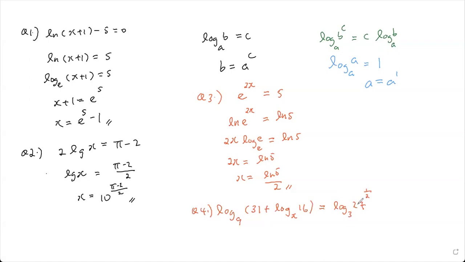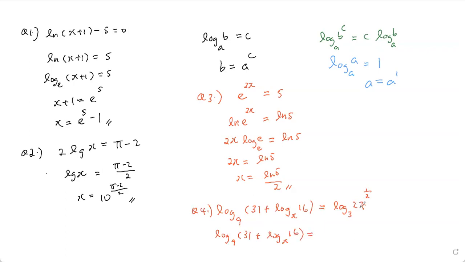First of all, 27 is 3 to the power of 3, so this is 3 to the power of 1.5, if you think about it. Let me write it down first. Let's do it step by step. Don't be afraid of the base x. I'm going to simplify that soon enough.